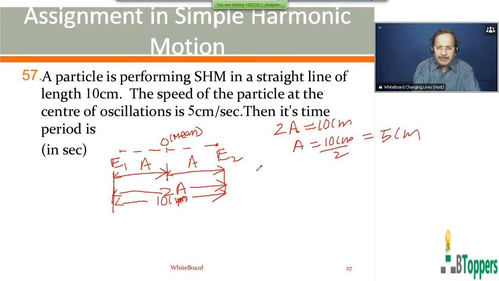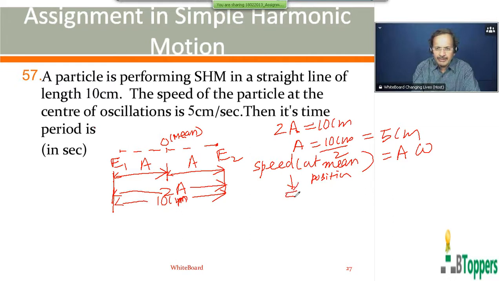The speed of the particle performing simple harmonic motion is maximum at the center of oscillations. The speed at the mean position or center of oscillations can be written as A into omega, where A is the magnitude of the displacement amplitude and omega is the angular frequency. It is given that the speed at the center of oscillation is 5 centimeter per second. The amplitude of oscillations is 5 centimeter.